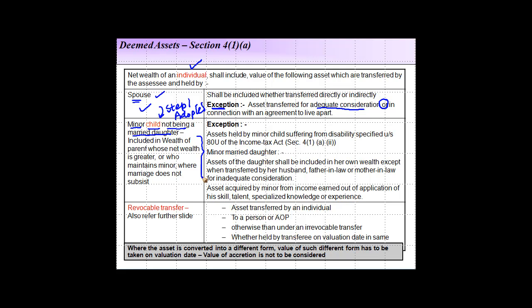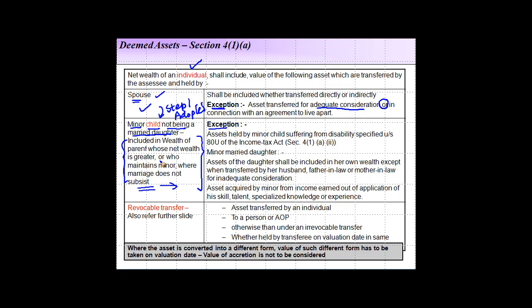And all these provisions are also discussed in one of the subsequent slides in detail, but let me just, for the sake of completeness, read them out to you. Included in the wealth of a parent whose net wealth is greater or who maintains minor where marriage does not subsist. So what happens is that if a minor owns certain assets, then these will be included in the wealth of the parent whose net wealth is greater.